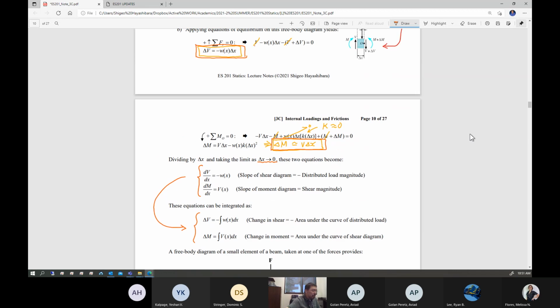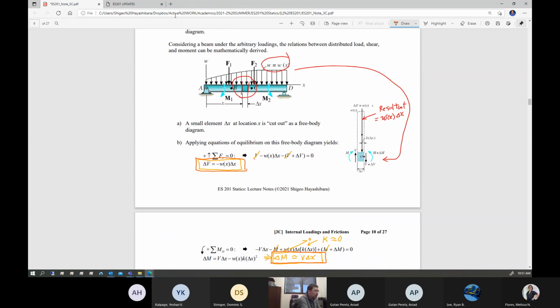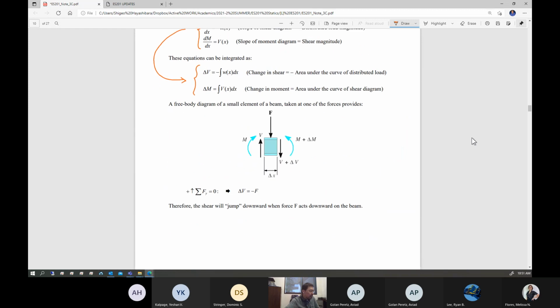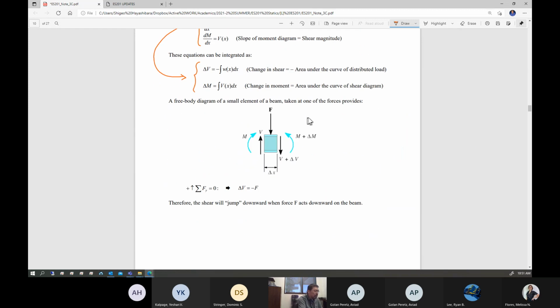Also, another way of looking at this, suppose you look at this single point force applied right here, at location x. Let's chunk out delta x at the location x, pick it up as a free body diagram just like this. Okay.